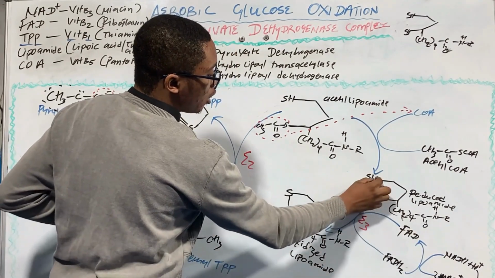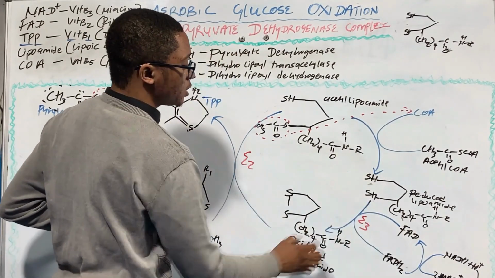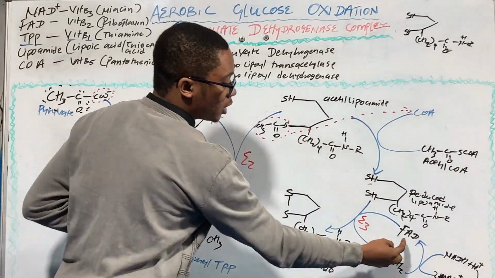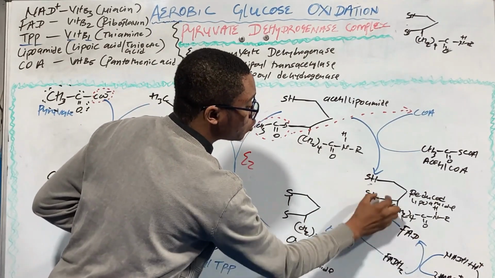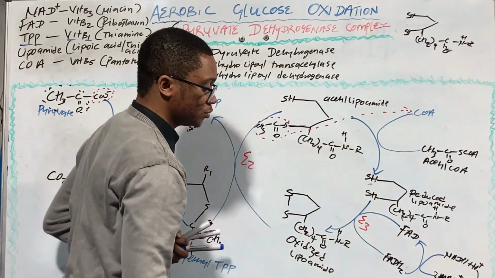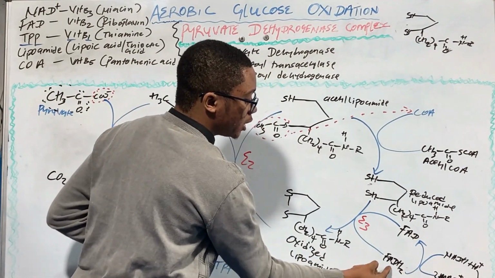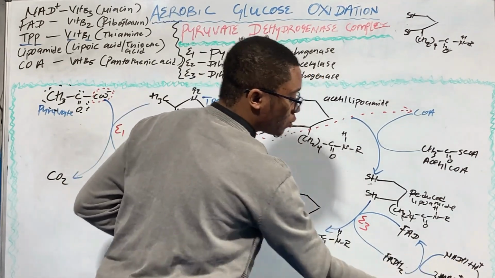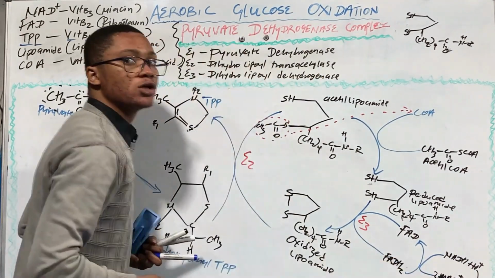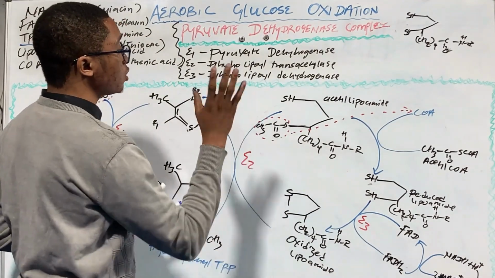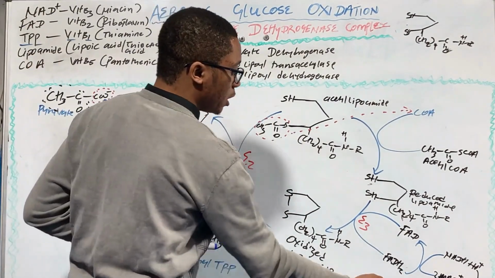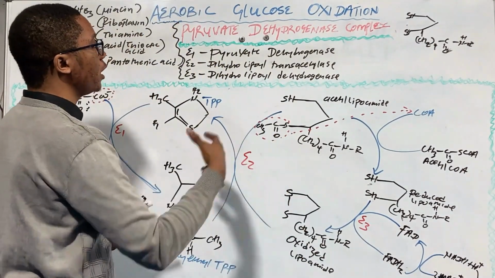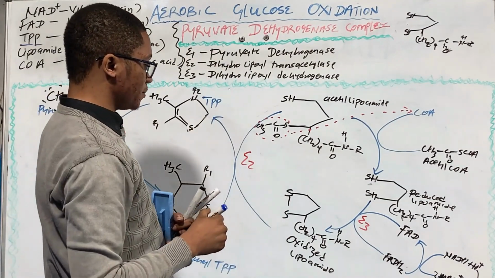It takes off these hydrides from this molecule and converts it to the original oxidized form. Because FAD took these electrons, it is reduced to FADH2. And NAD takes these electrons from FADH2 and becomes reduced to NADH plus H ion, and this goes through the electron transport chain and yields 2.5 ATPs. Because there are 2 molecules of pyruvate, 5 ATPs are yielded in this process. So this is what goes on in aerobic glycolysis.